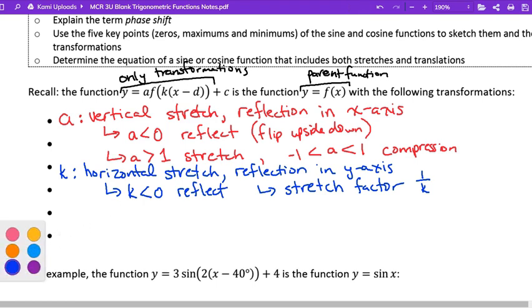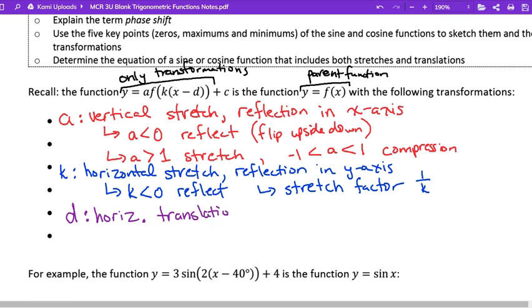And then we have the nice and easier ones. We have the d, which is the horizontal translation. I'm just going to write horiz translation. We remember that if it says x plus 4, that is 4 in which direction?